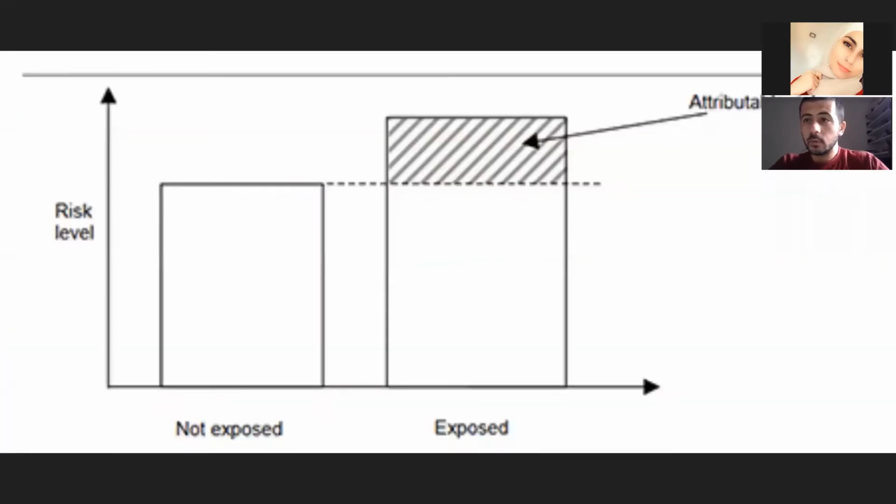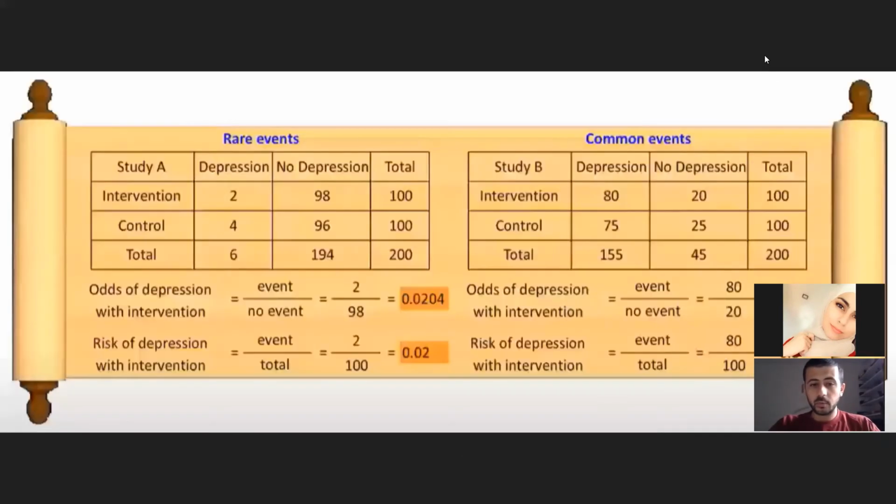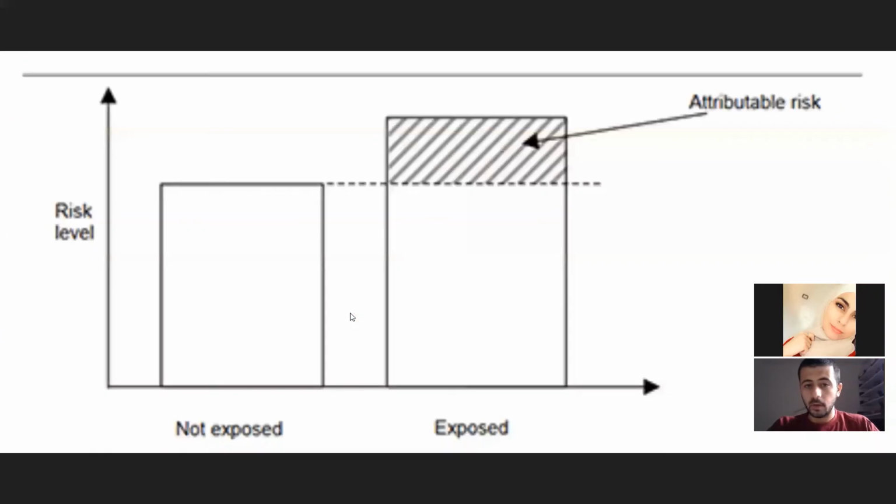Okay, those are relative. The two numbers we discussed are relative. Why relative? Because I'm dividing the probability of something on the probability of the other thing. Okay, but this is actually hard to understand.